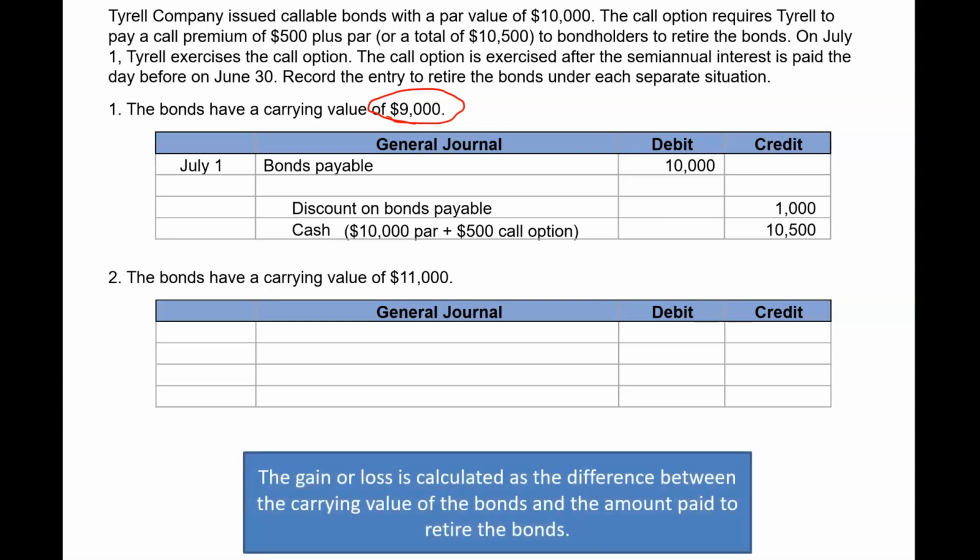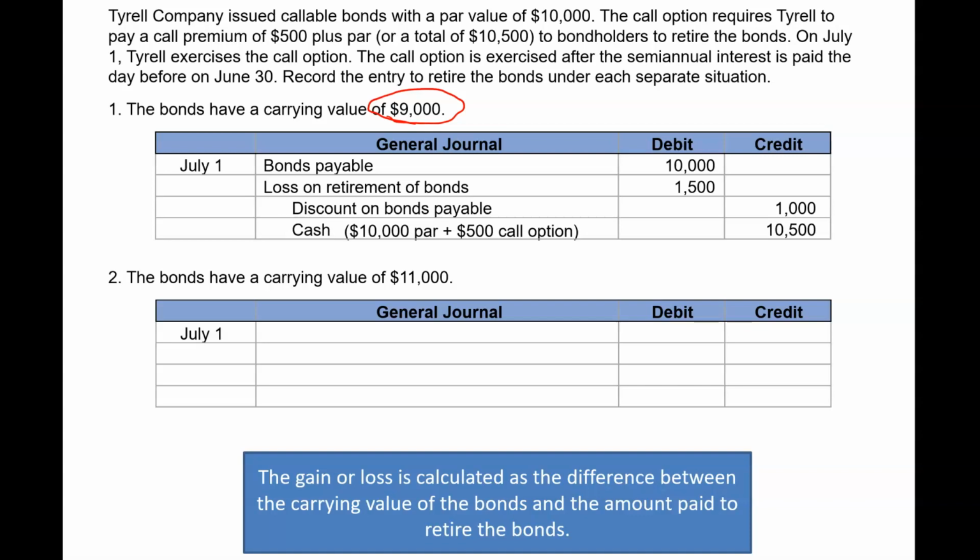The gain or loss is calculated as the difference between the carrying value of the bonds and the amount paid to retire the bonds, which would be $1,500, and that would be a loss because they are paying out more than what the bond is worth.